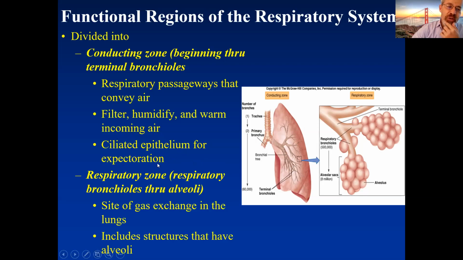The epithelium serves an important role: whatever dirt, dust, or pathogens are trapped by the mucus, the epithelium acts as a sweeping motion. It sweeps the mucus along with the junk upwards, kind of like an elevator, up through the trachea and out into the oral cavity where it's expectorated or swallowed, but we get it out of the respiratory tract.